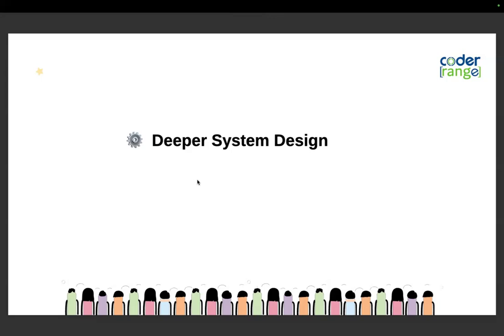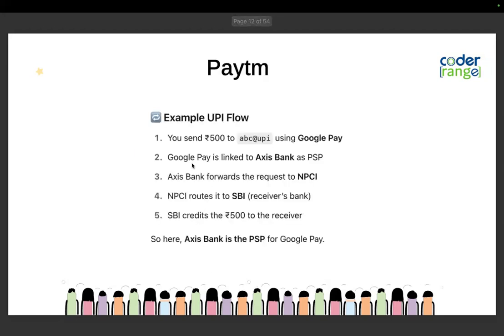Let me ask every user here who thinks from a system design perspective, and you guys can give your inputs also. Now I'll give an example. For instance, if you send 500 rupees using UPI, using Google Pay, your Google Pay is linked with, let's say, Axis Bank as a payment service provider.